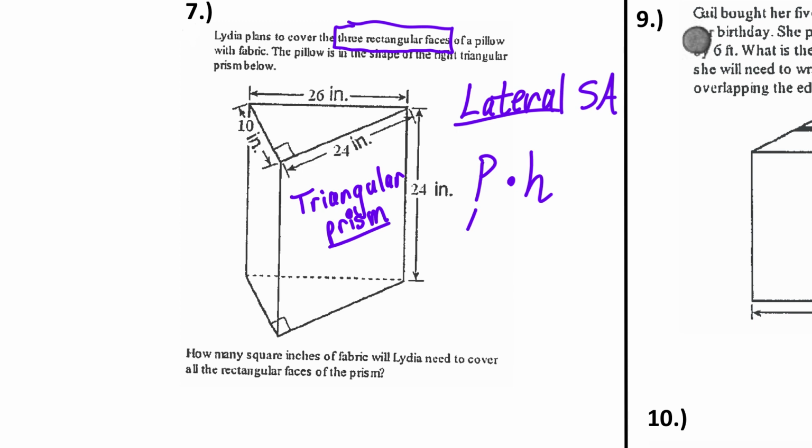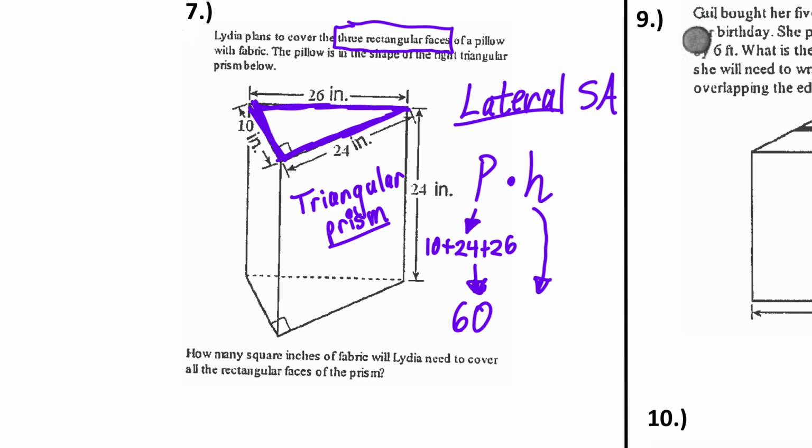Okay, so let's find the perimeter of the base. The perimeter of the base is this triangle, so 10 plus 24 plus 26. 60.